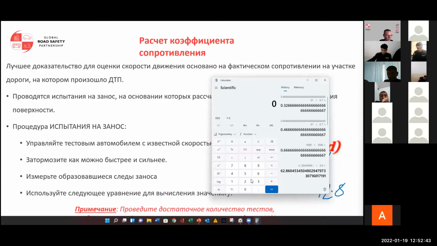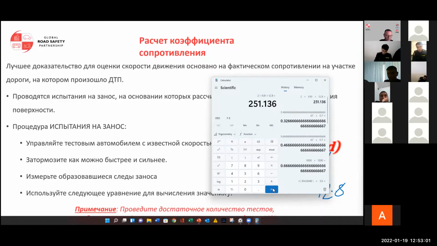Clear everything. 2 times G, it is 9.81, always is, times D, the length of the skid that we just made, times 12.8 equals 251.136. I'm writing that down.